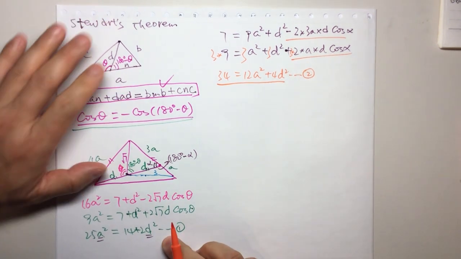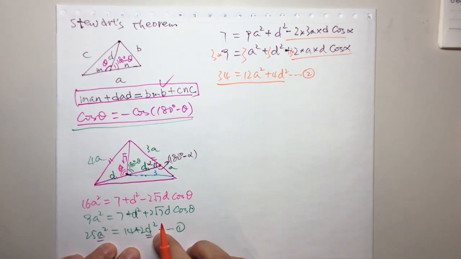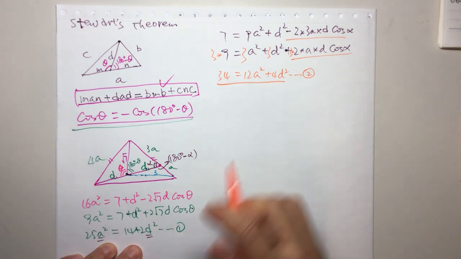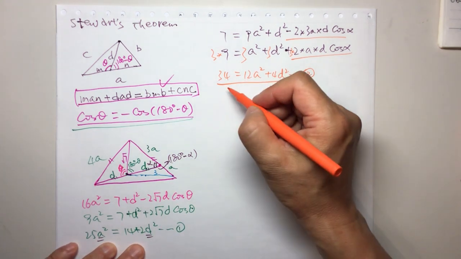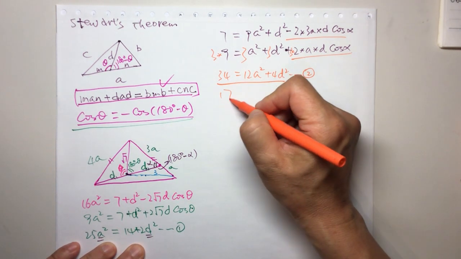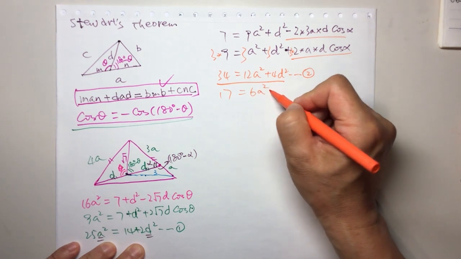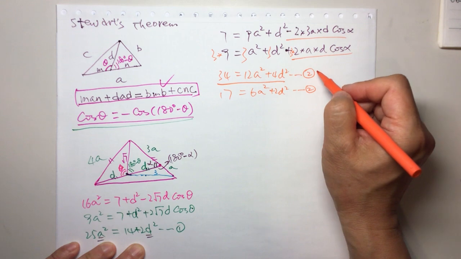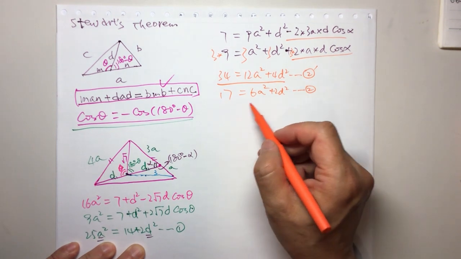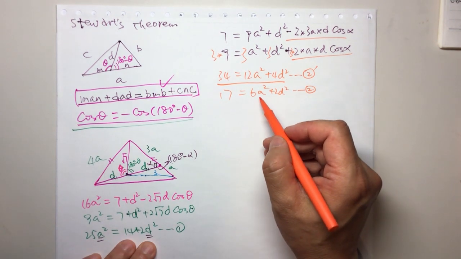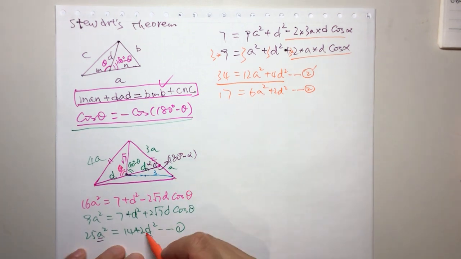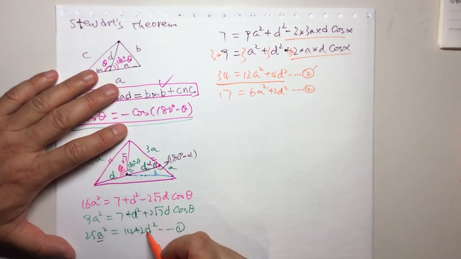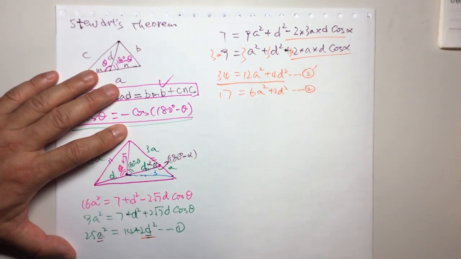Now this is the first equation. We can divide each side by 2. Okay, 17 equals 6a squared plus 2d squared. Now I can say this is 2, and we should use this because we have 2d squared here and here.